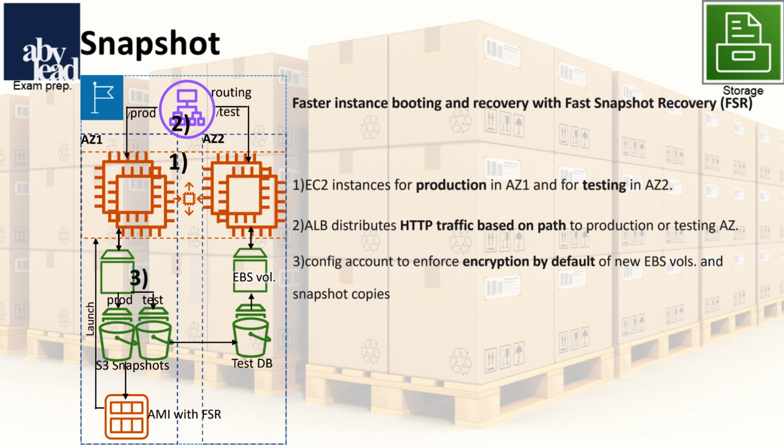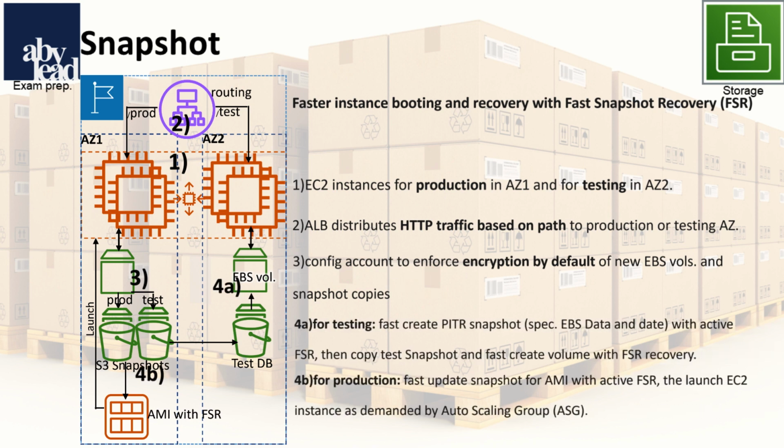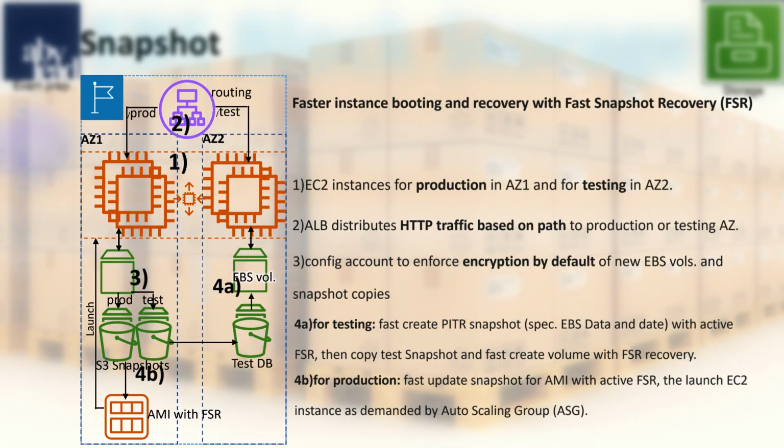With everything ready for testing, you copy the point-in-time test snapshot with activated FSR to fast create volume from FSR recovery. If test is successful, you update the production snapshot to automatically launch AMIs as needed with FSR into auto-scaling group. With the understanding of EBS block storage service, you are ready now for more details.